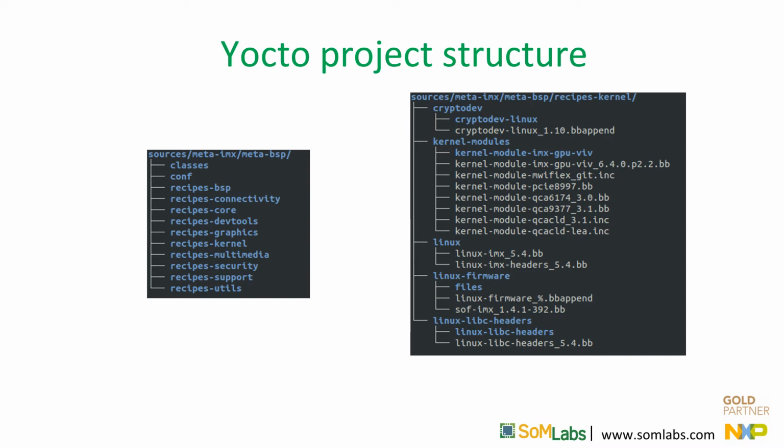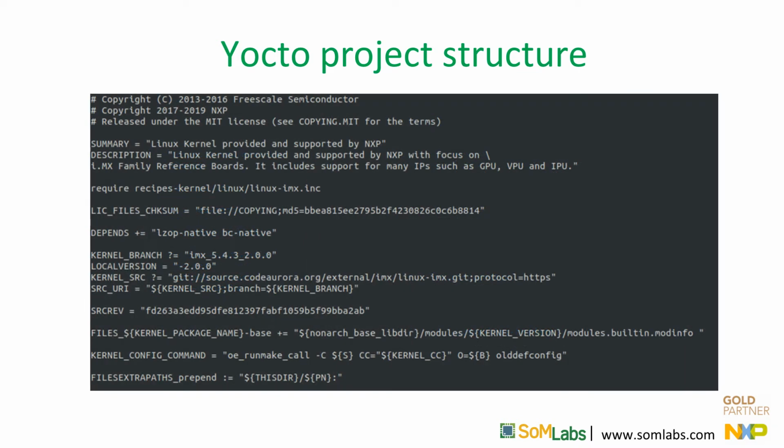Looking at one of them, linux-imx_5.4.bb, we will notice that in addition to a general description, there is also information about the kernel code repository, its version, and dependencies needed to build this component. Please also note the file name that contains the kernel version 5.4. Thanks to this format, we can define subsequent .bb files with other versions of sources and select them depending on the configured target machine and the required version of the package.